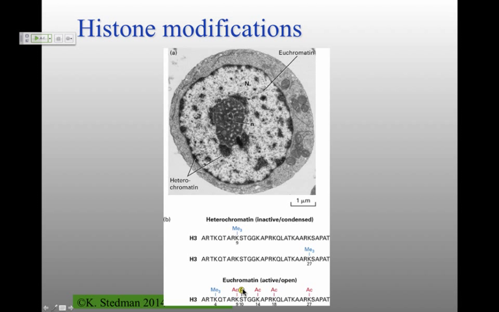You have phosphorylation. Phosphorylation is doing what? It's giving you a charge, but what kind of charge? Negative charge. What's that going to do relative to DNA? It's going to be pushing it away. So if you think about euchromatin, it's going to be less compacted, so you're getting that move away.